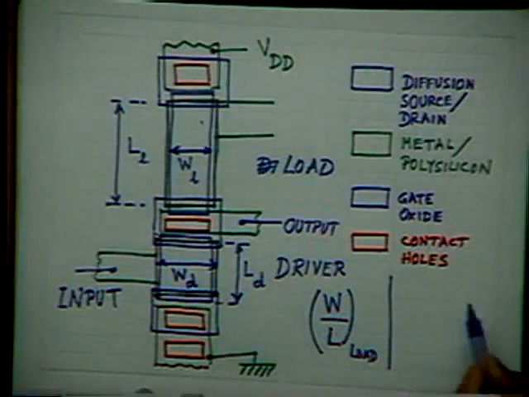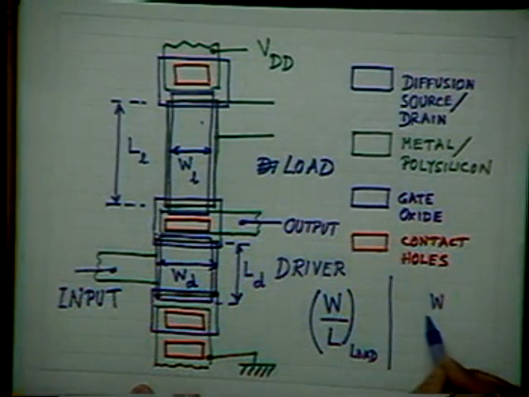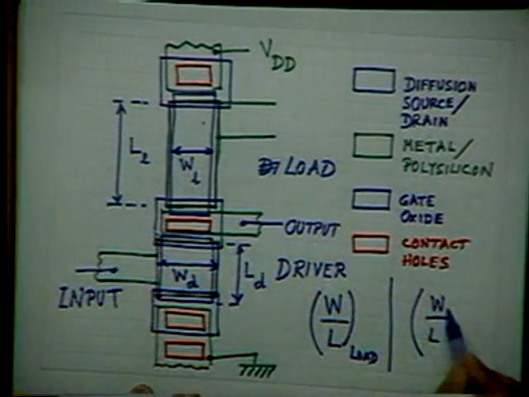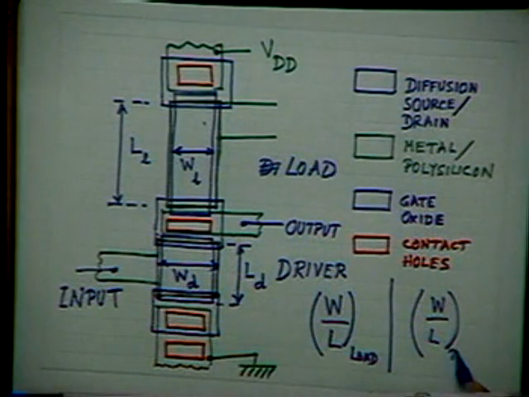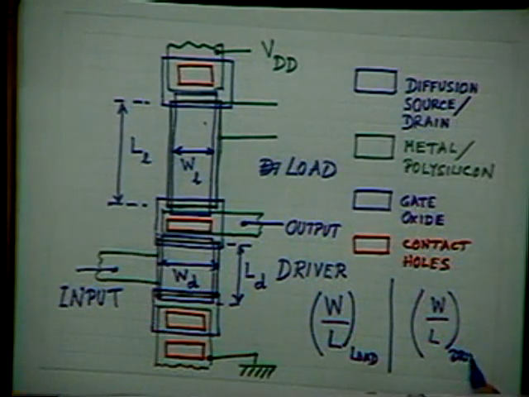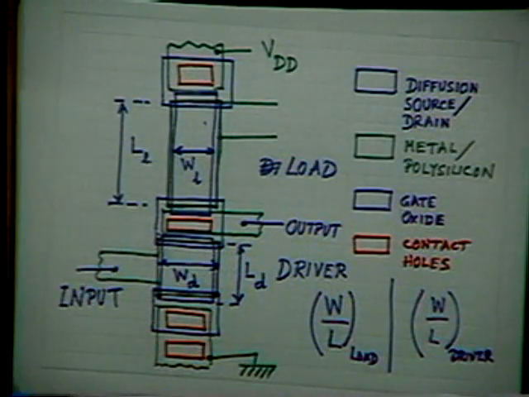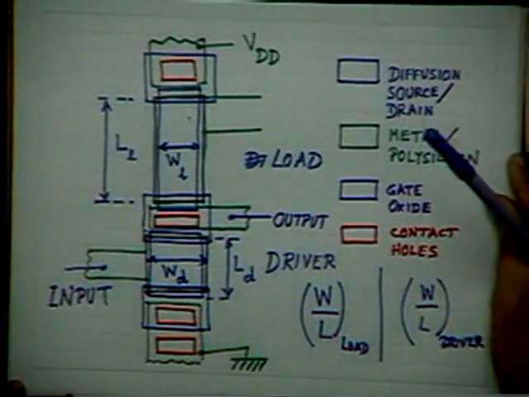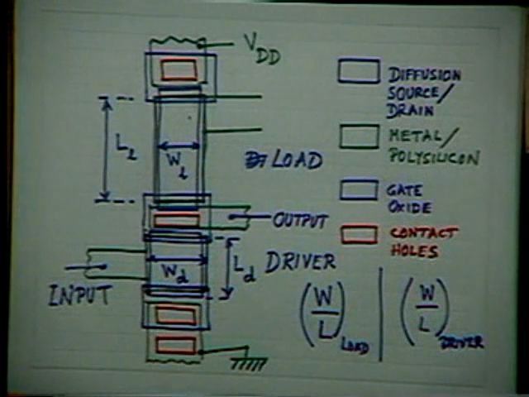Similarly, on this side, you will find W by L of the driver is another very important thing. So W by L of the load and W by L of the driver are two very important geometrical parameters involved in a MOS inverter.